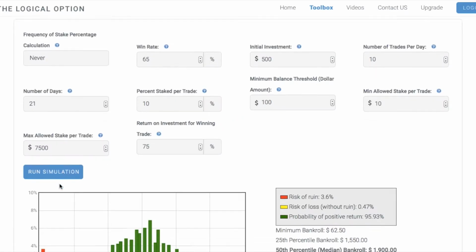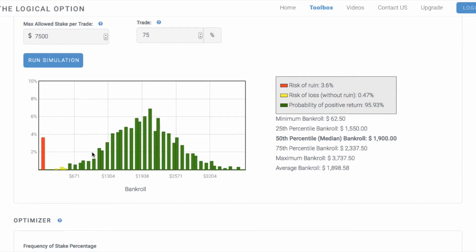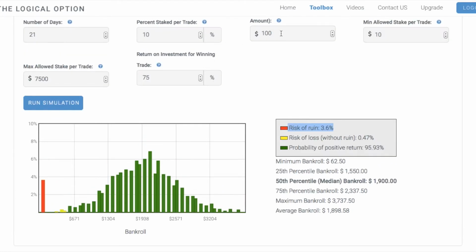So here are the results that we got. This is the distribution of the final results that the simulator gave us. If we look at the legend, there's 3.6% of the time we hit this $100 stopping amount. At that point, we just stop trading, count our $400 as lost, and walk away.